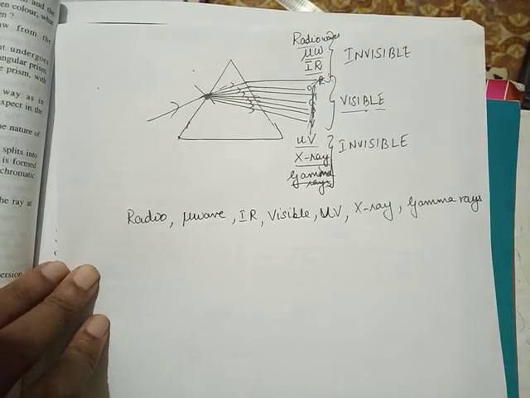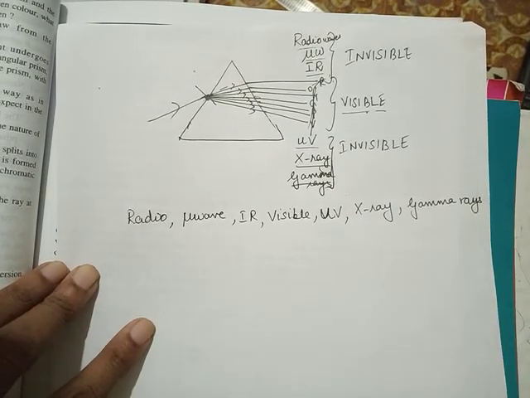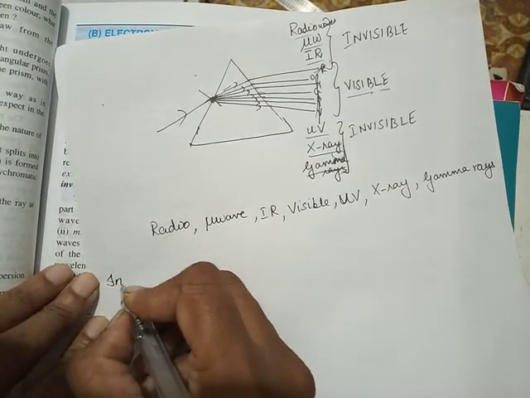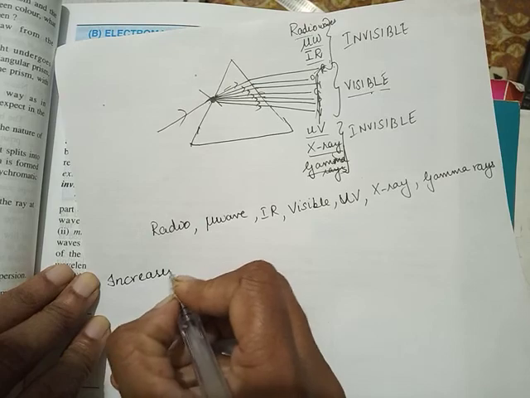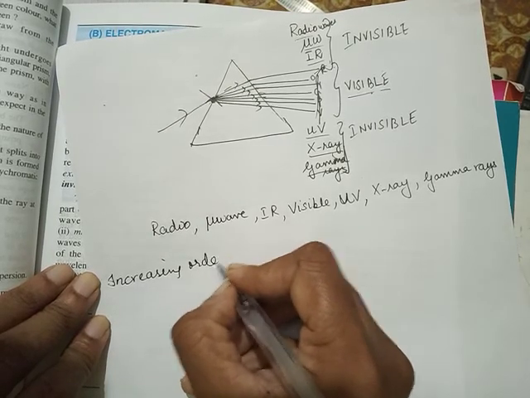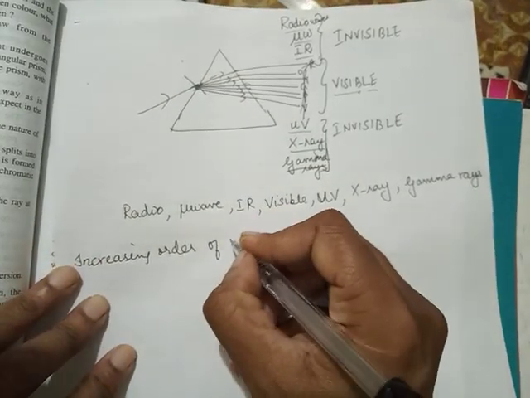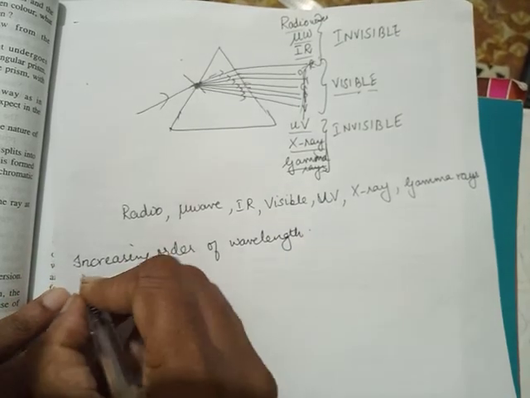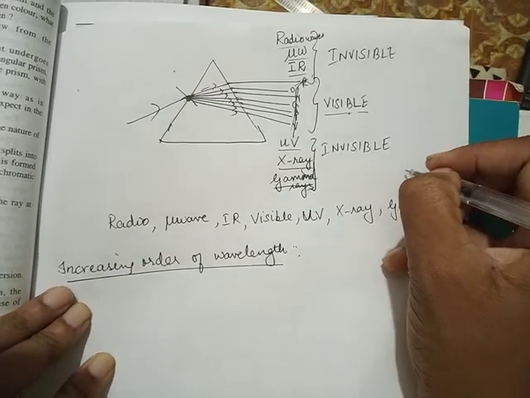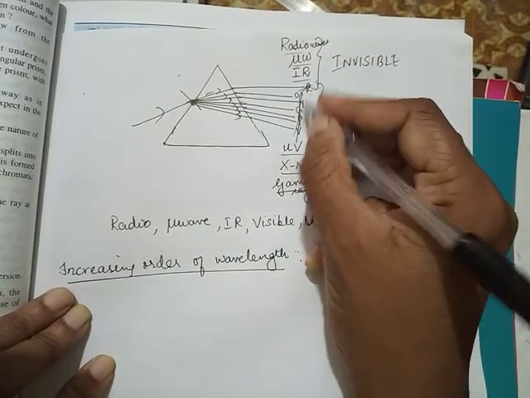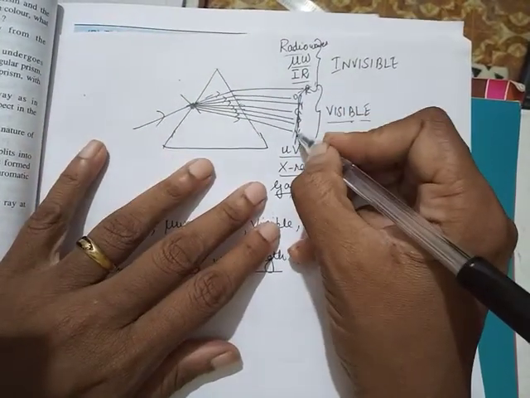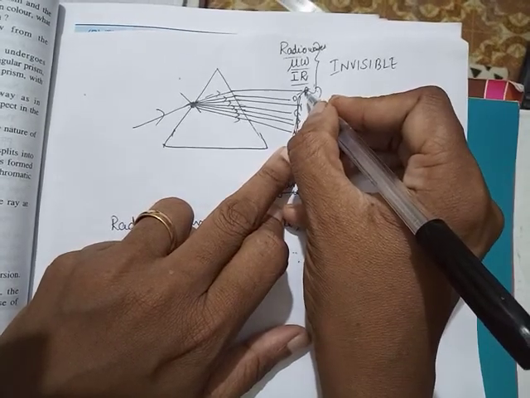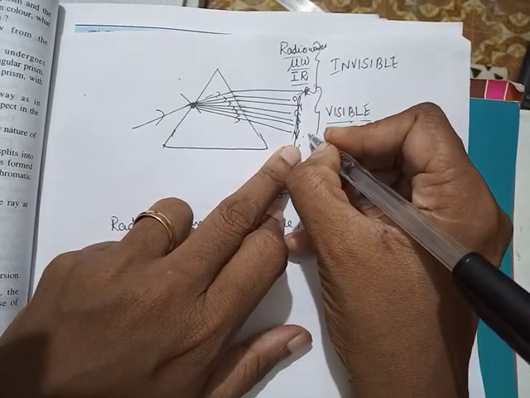Now you can write either in increasing order of wavelength. If they ask you to write in increasing order of wavelength, you have to write from below. If you remember, even in the visible spectrum, violet has smaller wavelength and red has the maximum wavelength. What does it imply?